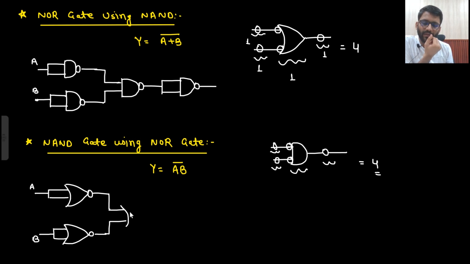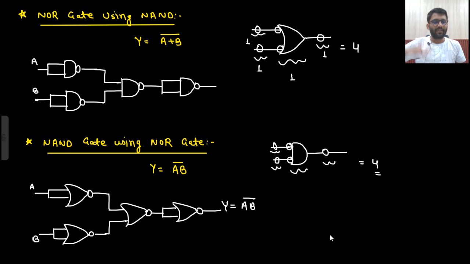Then another NOT gate will come. That's it. Okay, so Y is equals to AB bar.